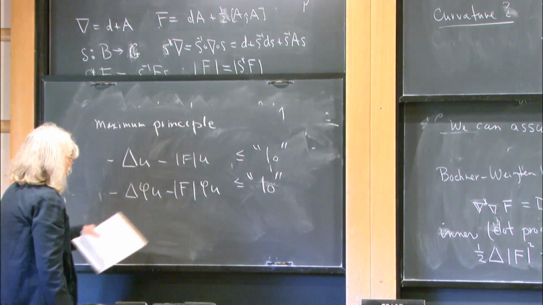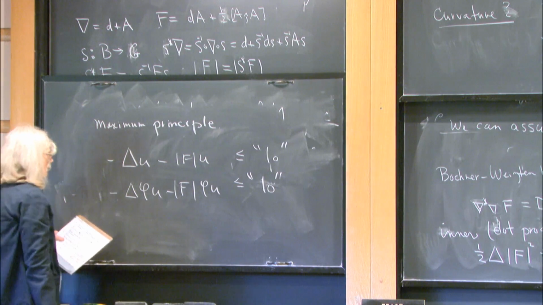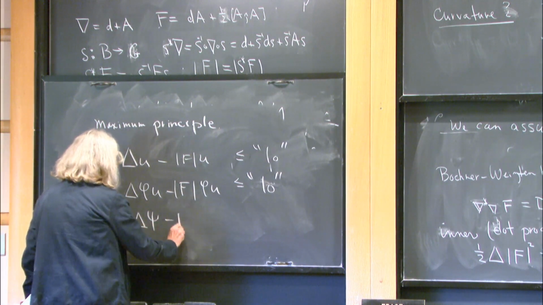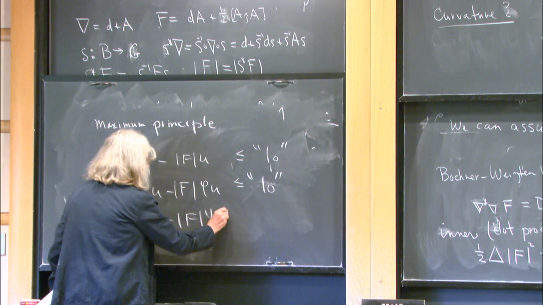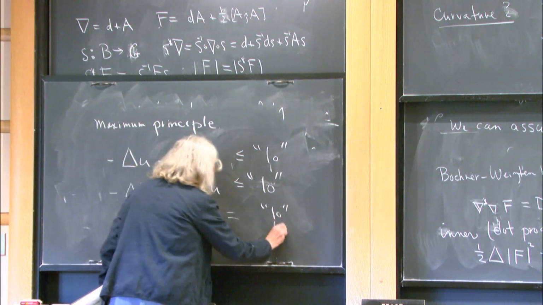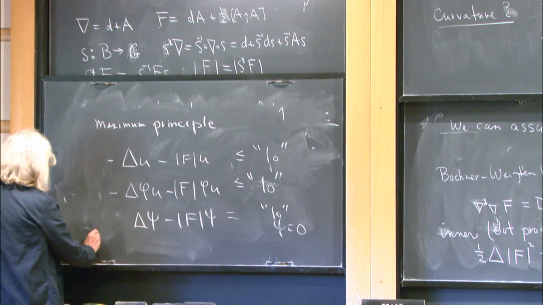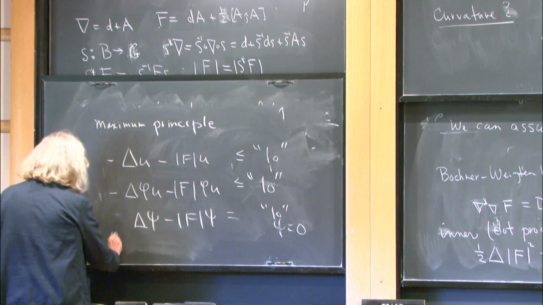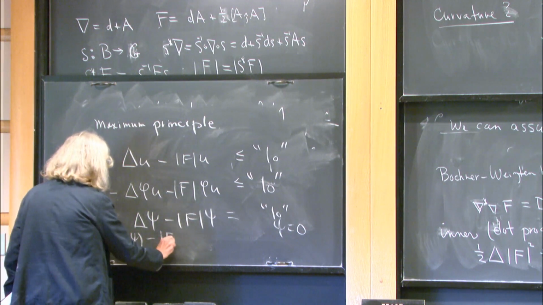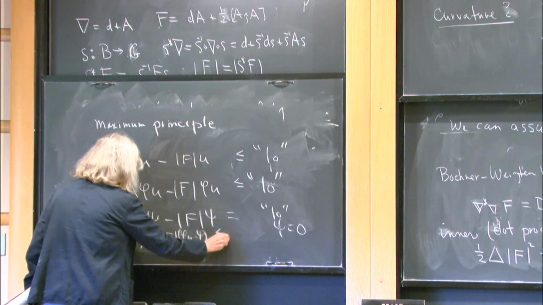So that's a cutoff function. It's 1 on the ball of half the radius, and it's 0 outside. Now, solve the problem Laplacian phi minus phi equals the lower order terms, and phi equals 0 on the boundary. Now I have the inequality Laplacian of phi u minus phi minus f phi u minus phi is less than or equal to 0.